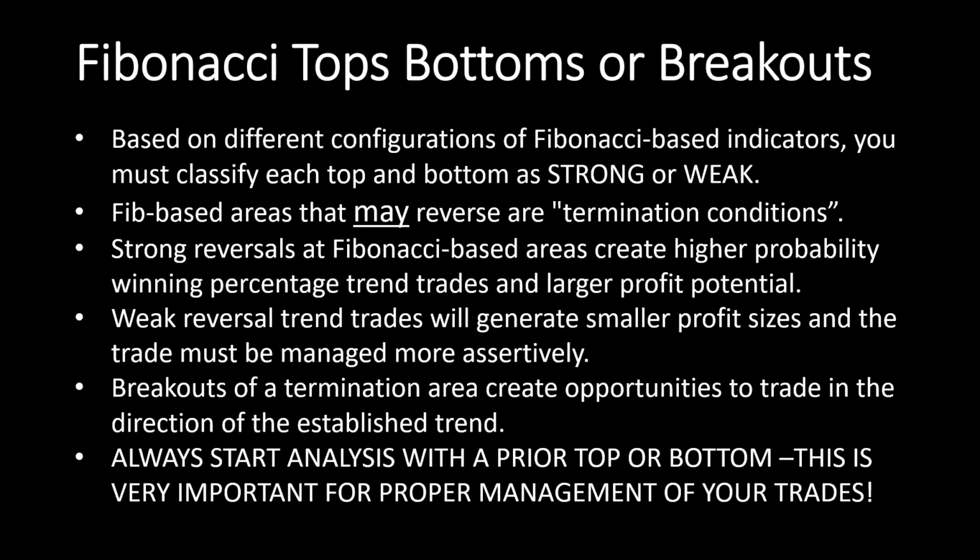Whenever we classify a top or bottom as weak, and we'll get into that in some slides here, generally it's going to generate smaller profits on trend trades, and the trades that you do will have to be managed more assertively. Also, when we do breakouts of these termination Fibonacci areas, it's going to create opportunities to continue trading in the direction of the established trend.